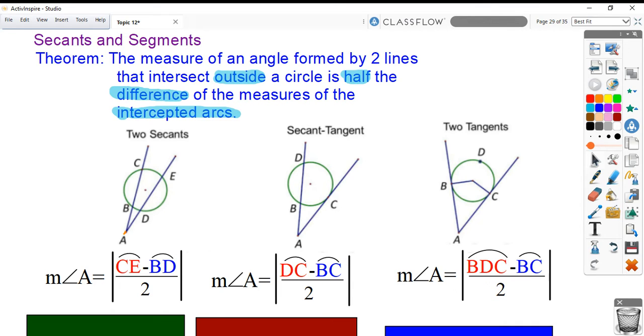Also, take note of this. Right here and here, on all of these fractions, we've got some vertical absolute value bars. Think about this: what would happen if you subtracted your arc lengths and ended up with a negative number? You would have a negative angle.